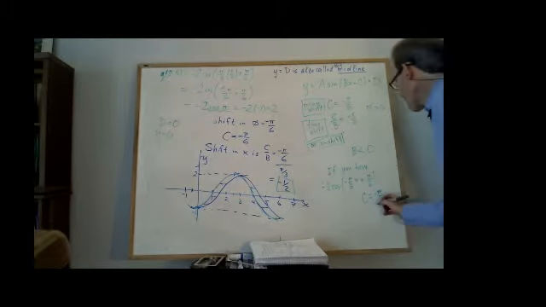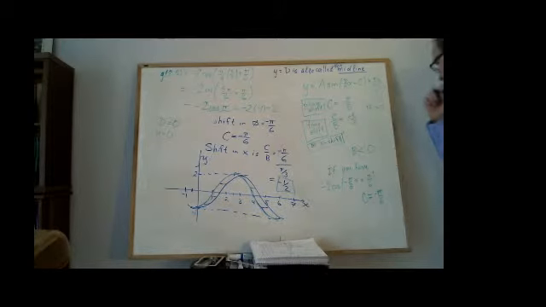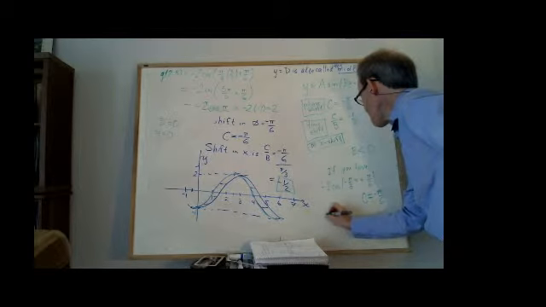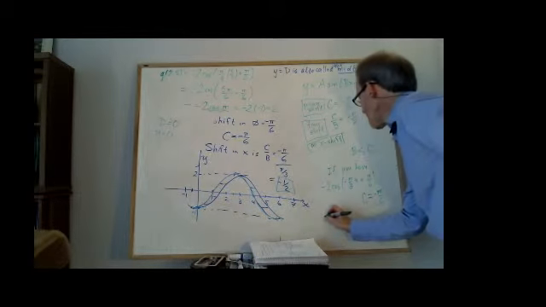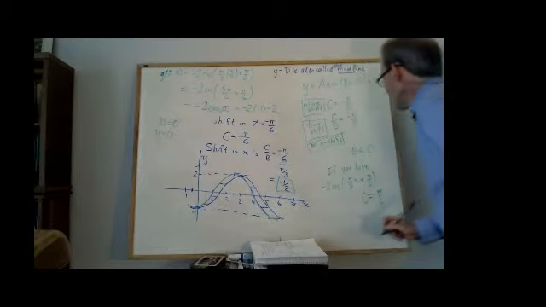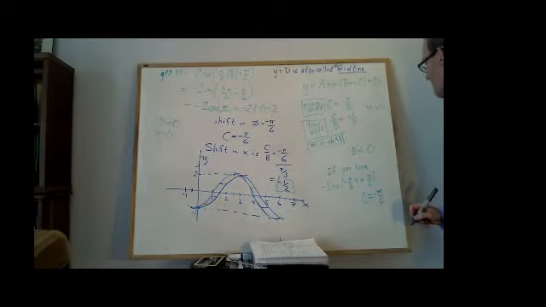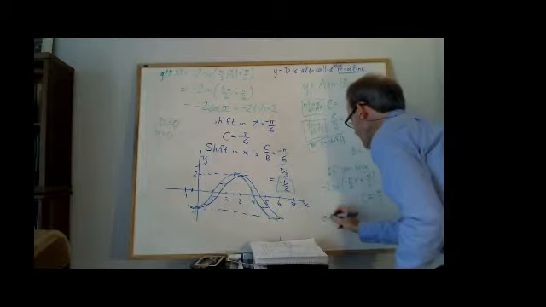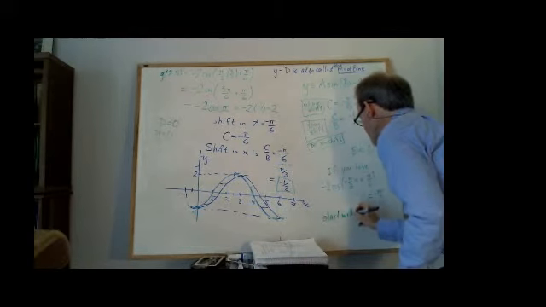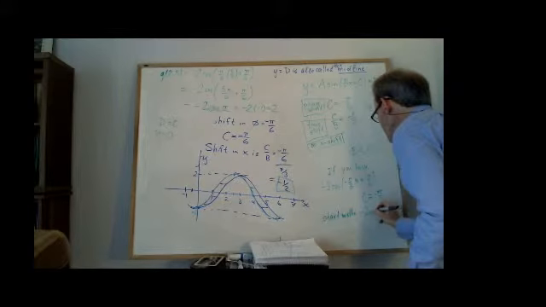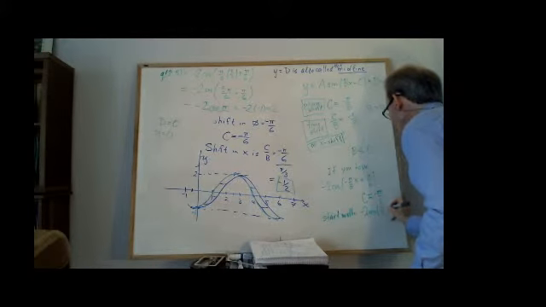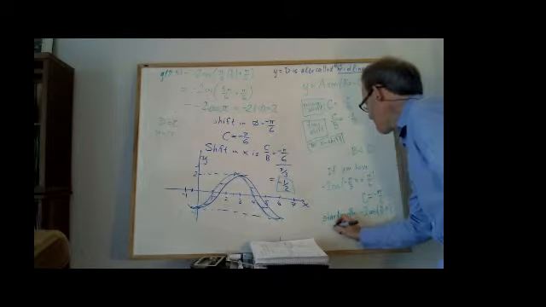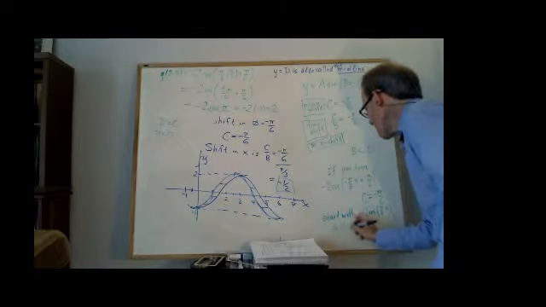Okay, so let's see why that works. So let's see the cases. You start with minus 2 cosine pi over 3x, and then you shift, then reflect.